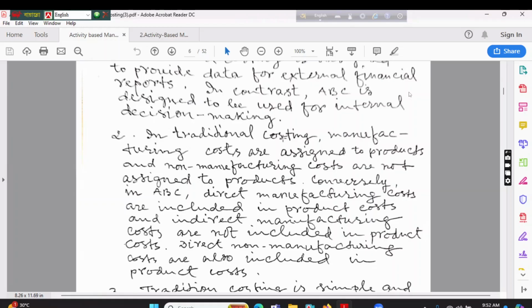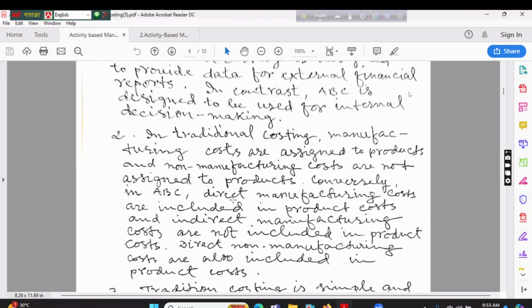Non-manufacturing cost, that means selling and administrative cost, is not assigned to products.